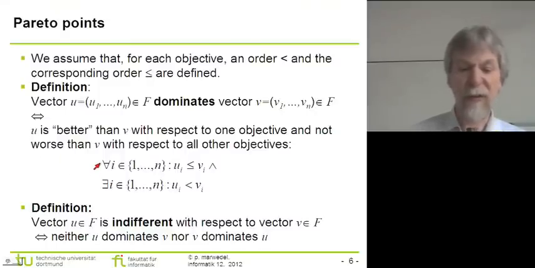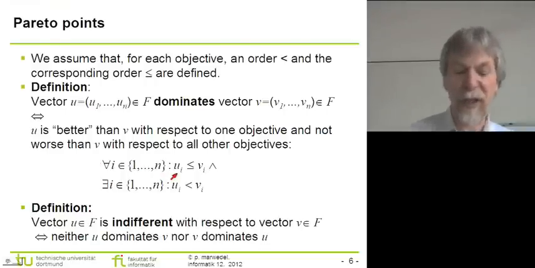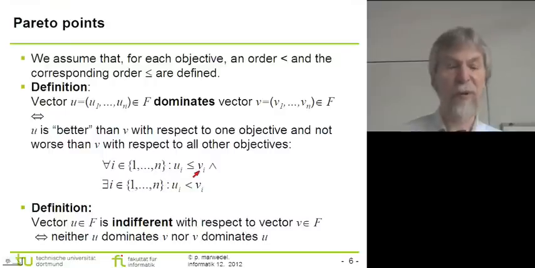So we see that for all the objectives, the corresponding components of u are less than or equal to the corresponding components of this vector v. That's the vector to which we are comparing ourselves. And there is one component for which this design is superior.